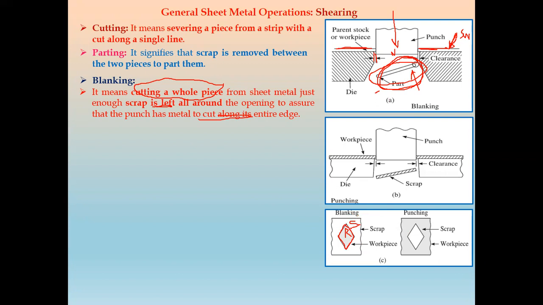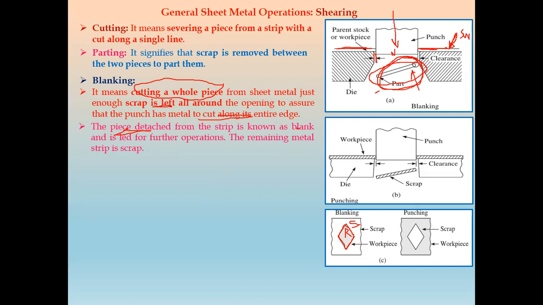Now the punching operation is opposite to blanking. In blanking, the piece detached from the strip is called a blank. So this workpiece that is required is called a blank, and is used for further operations. The remaining strip is called the scrap.